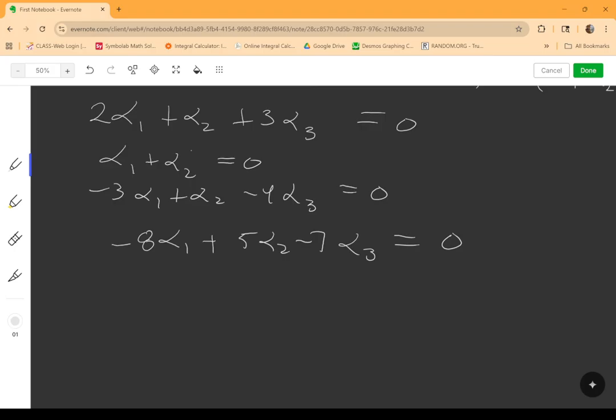All right, and then from here you could set up your equation: 2, 1, negative 3, 8, and then in alpha 2 we'll have 1, 1, 1, 5, that's negative 8, alpha 3, we got 3, 0, negative 4, and negative 7.